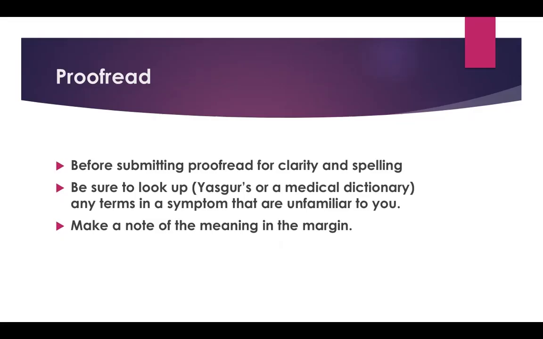We'd like you to proofread before you submit your assignment. Please proofread for clarity and spelling. If you use Word, it underlines those words that you misspelled, and sometimes there are homeopathy words that you've spelled correctly that get underlined. But please check your work.